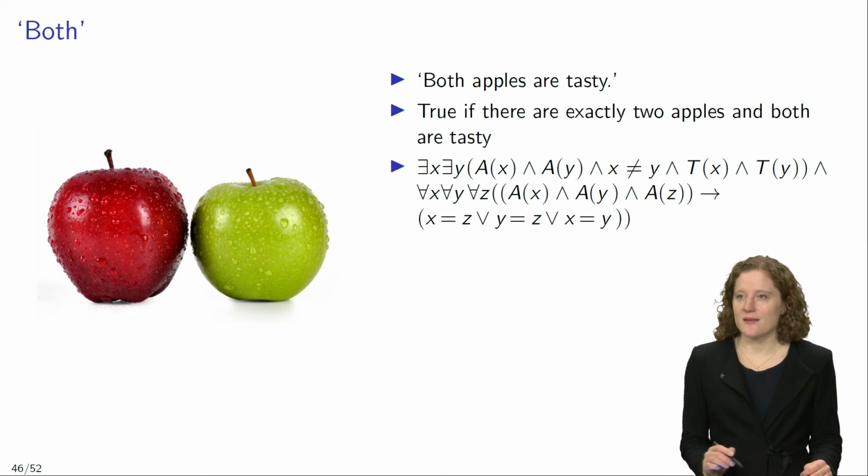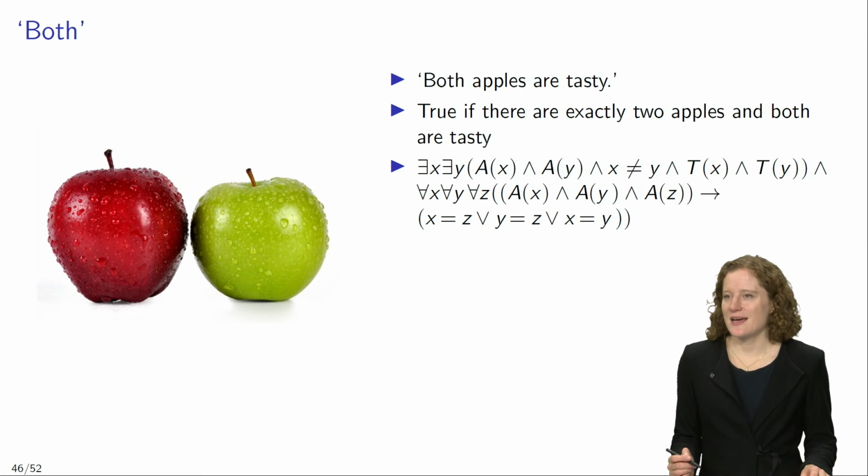There is an x and there's a y, such that ax and ay and x is not identical to y, and tx and ty, and for all x and for all y and for all z, if ax and ay and az, then x is identical to z, or y is identical to z, or x is identical to y. So in this symbolization, I've used the capital letter T to symbolize the predicate is tasty.